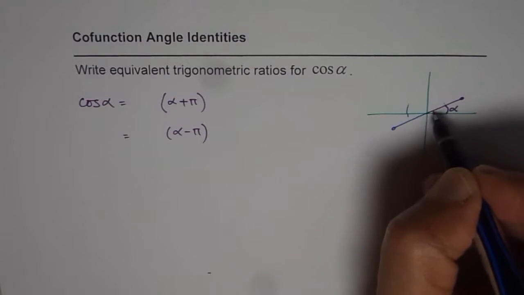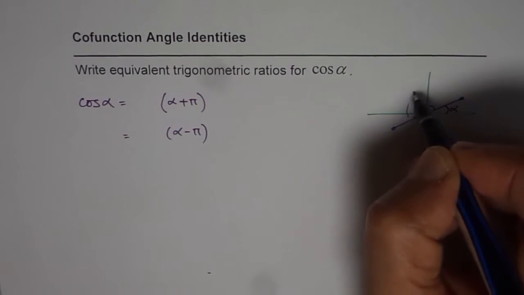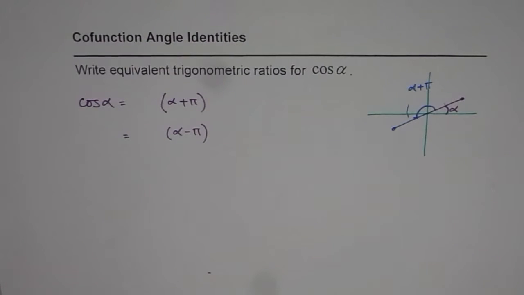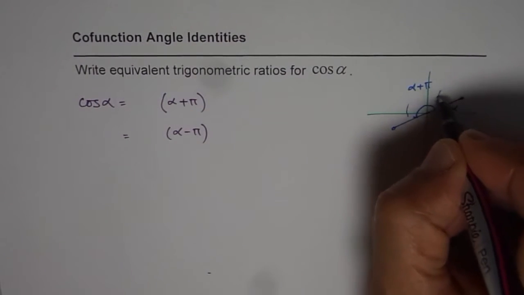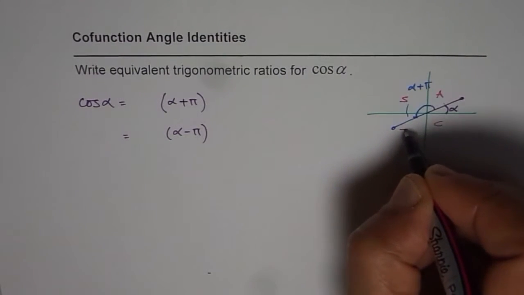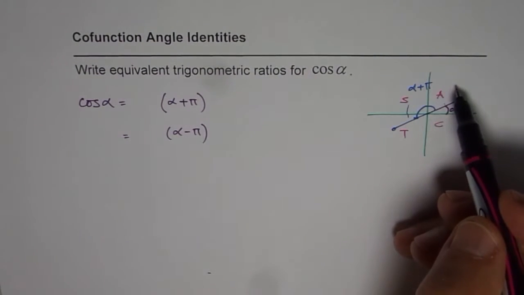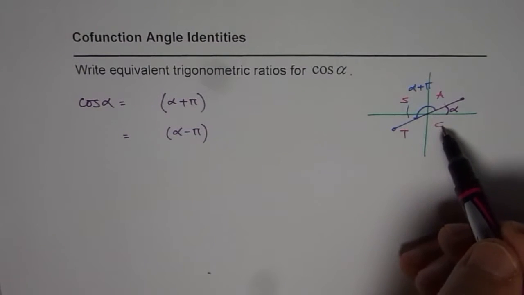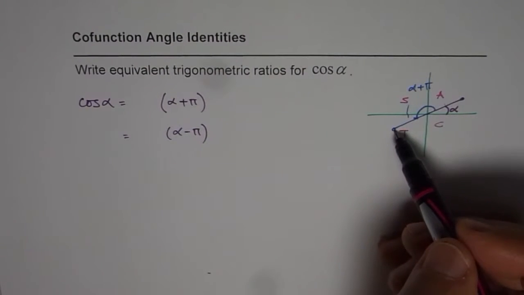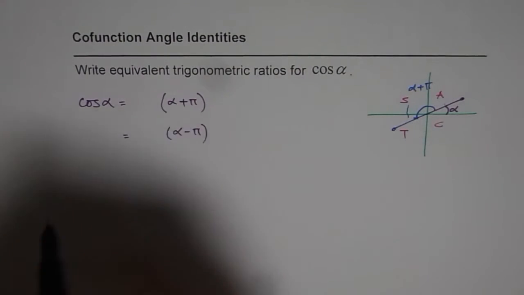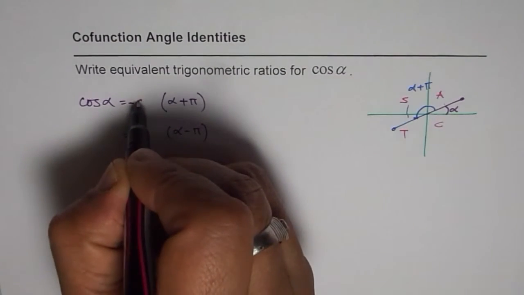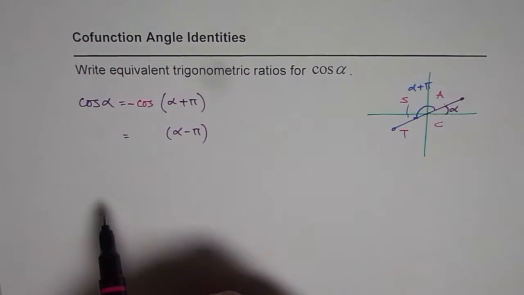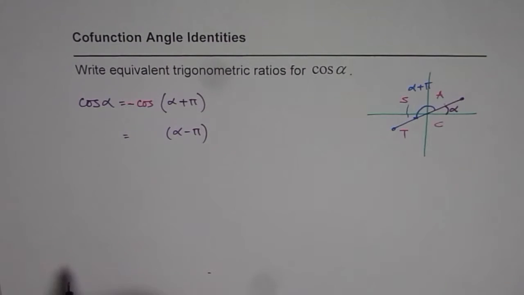So this position is alpha plus pi. Now we will apply the CAST rule. Cos of alpha is always positive. Since you are in quadrant 3, cos is going to be negative, and therefore here we should have negative cosine. So whenever you're doing plus and minus pi, cos remains cos. The only sign may change.